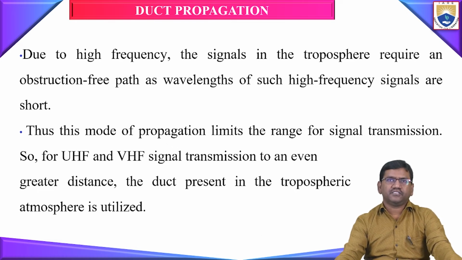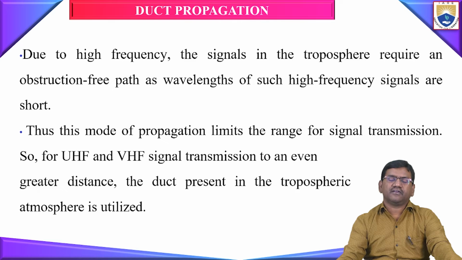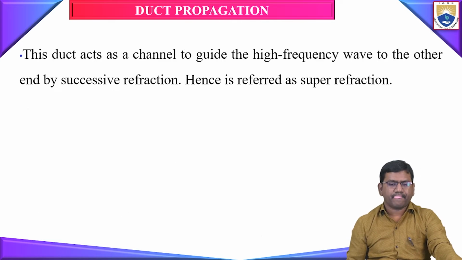So due to the presence of the duct, we can exhibit single hop propagation and multi-hop propagation. We can also transmit the antenna into this layer where reflection and refraction take place towards the receiving antenna.